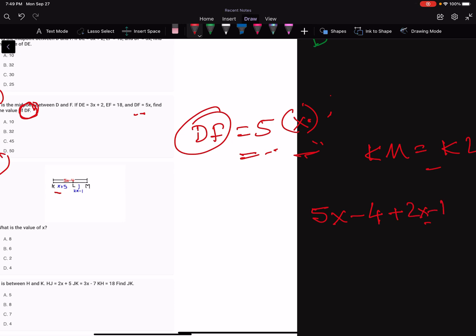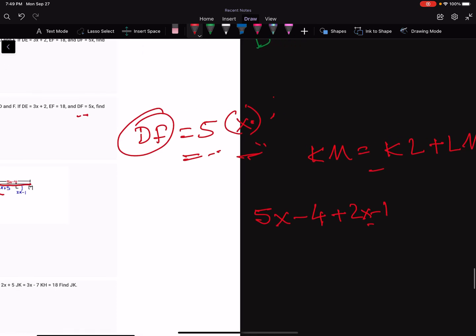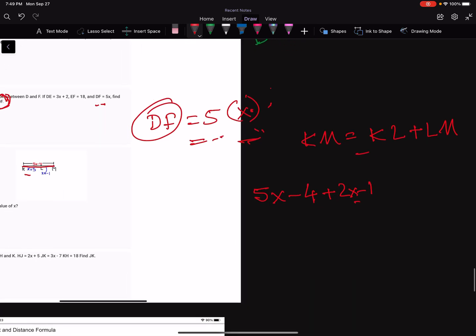I'm writing this part here. I should have written it so that you understand. So 5x minus 4 equals that sum. Now your job is to simplify. The 5x can be cancelled out by subtraction, so you get minus 4 and minus 1.